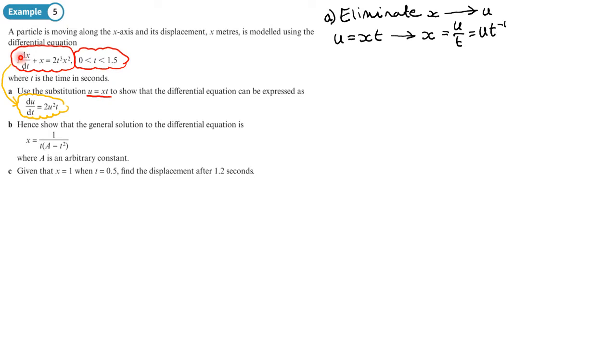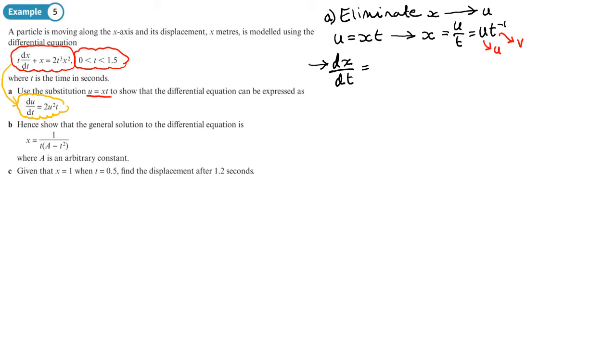Now we also need to eliminate this term here, dx dt. So we are going to differentiate this to find dx dt. So that means we are going to be differentiating this with respect to t. Now we're going to be differentiating a product. We'll call this part of the product u and this part of the product v. So we're using the product rule.